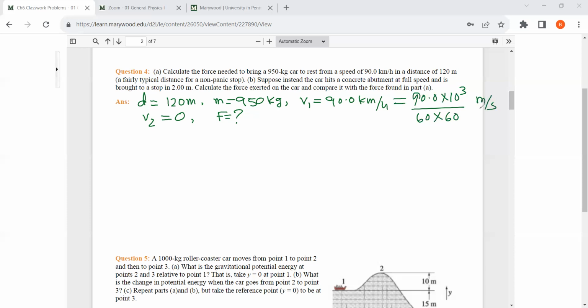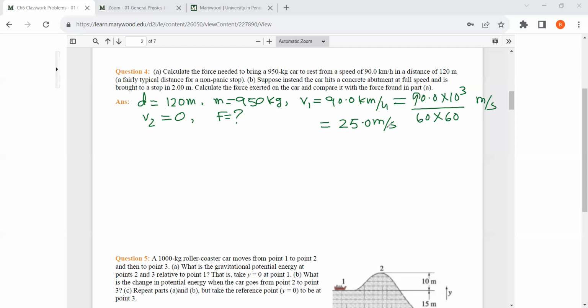If you plug these values into your calculator, v1 will be 25 meter per second. Now all are in good shape. Now we have to think which equation is useful to solve this problem.